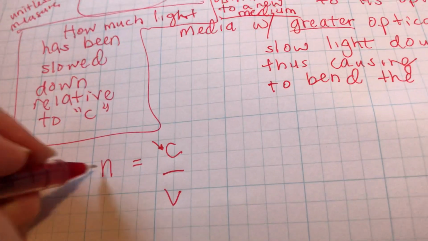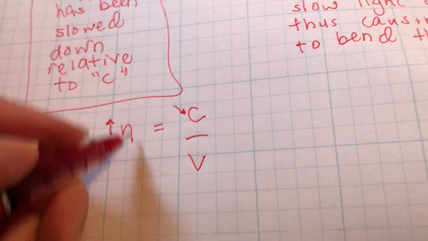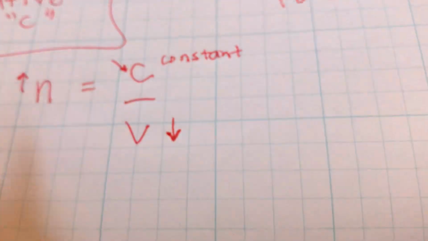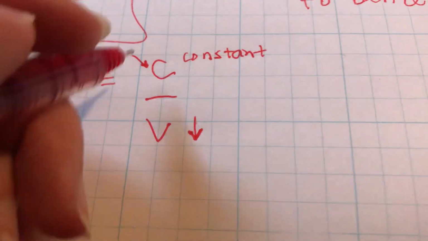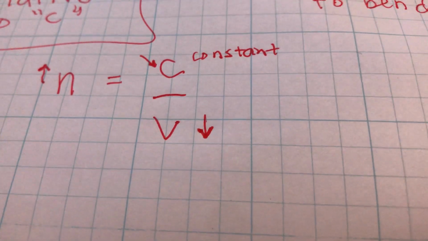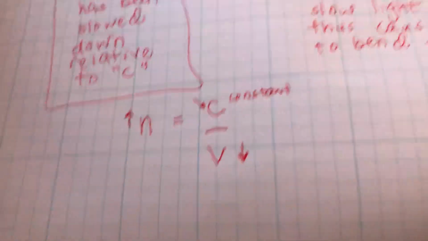So a higher index of refraction with a constant speed limit of the universe means that that medium is slowing down the light substantially relative to c.